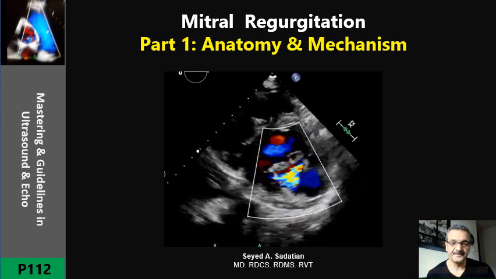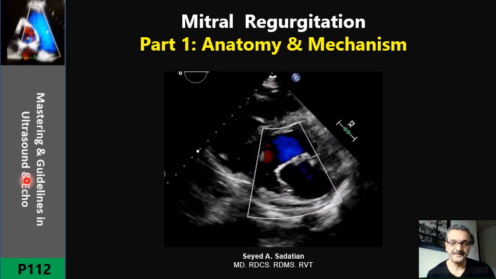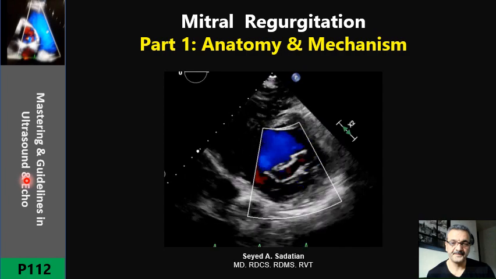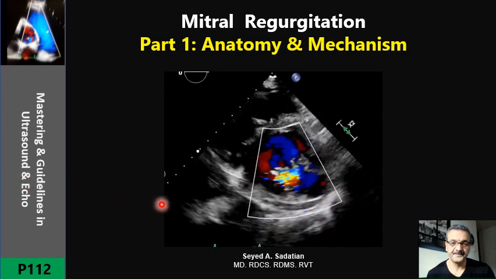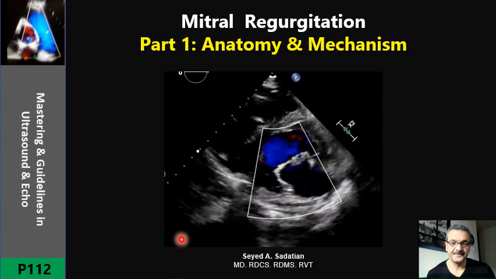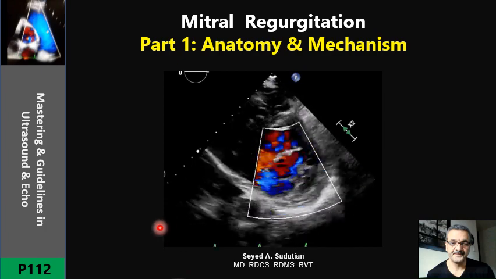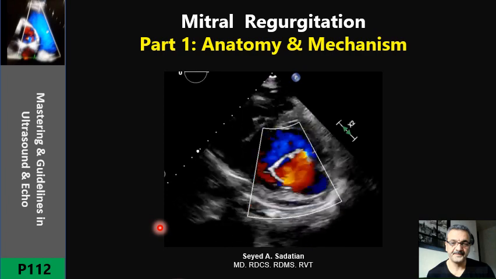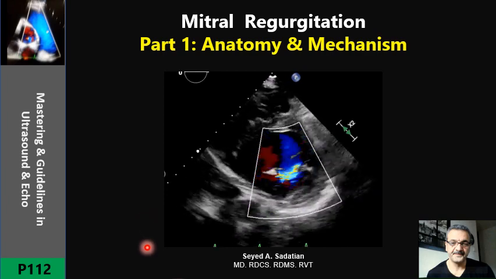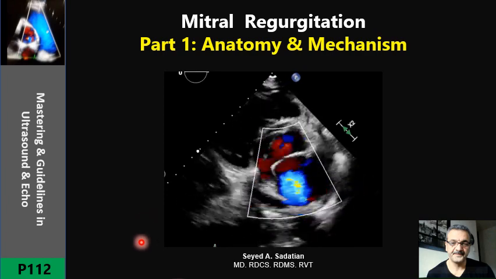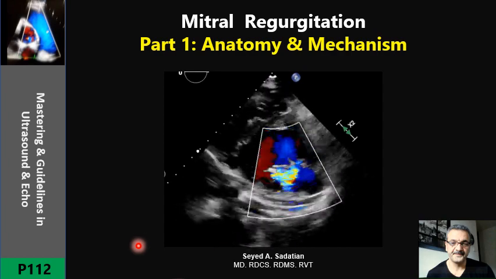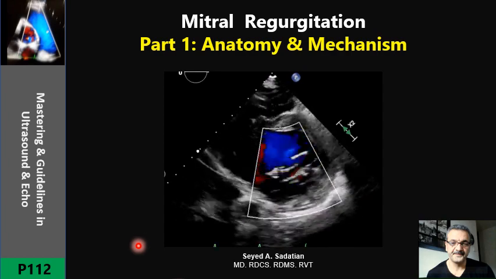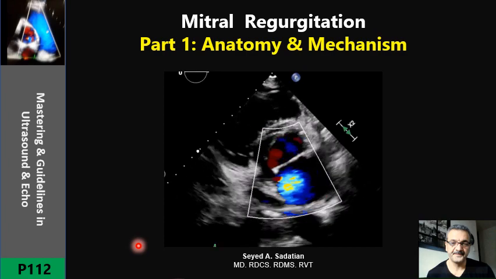Hi everyone. In this series of lectures about mitral valve regurgitation, for technical issues and some other reasons, I am going to prepare and finish mitral valve regurgitation in three parts. This is the first part, anatomy and mechanism. The second part will be cardinal manifestation.